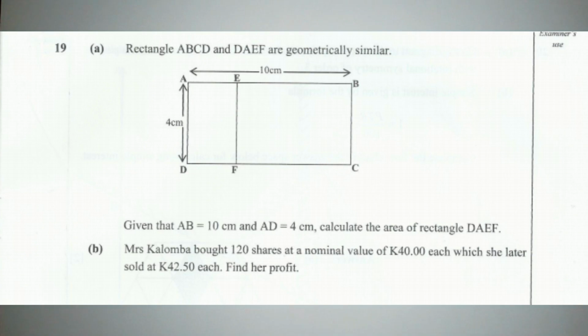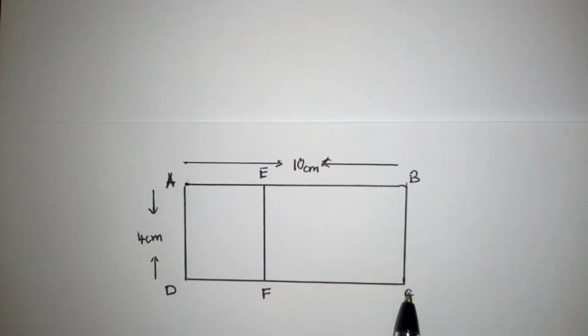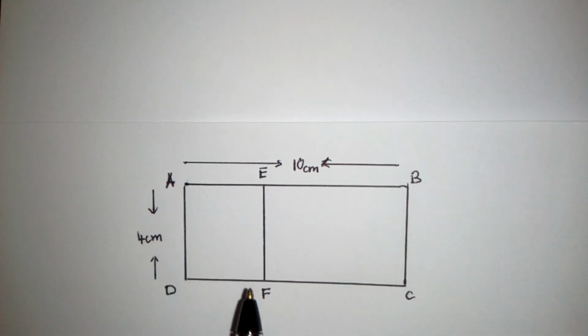Thank you. So in order to answer this question, we're going to use the idea of similarity and congruence. So if you've seen nicely, in the question they've said the rectangles ABCD and DAEF are geometrically similar. So meaning this bigger rectangle and this smaller one, they are similar.